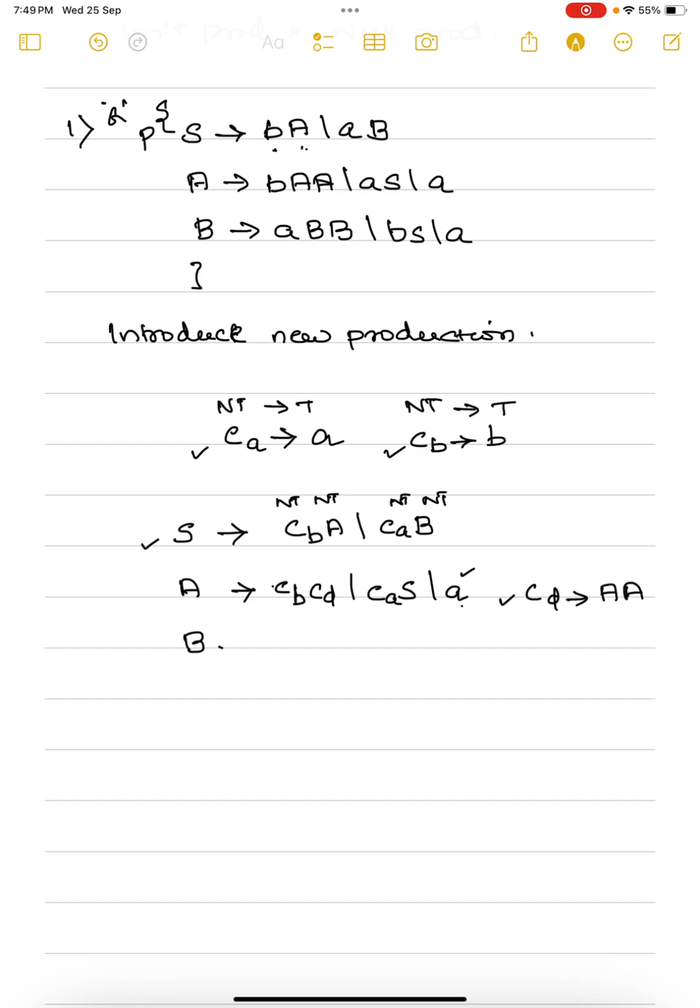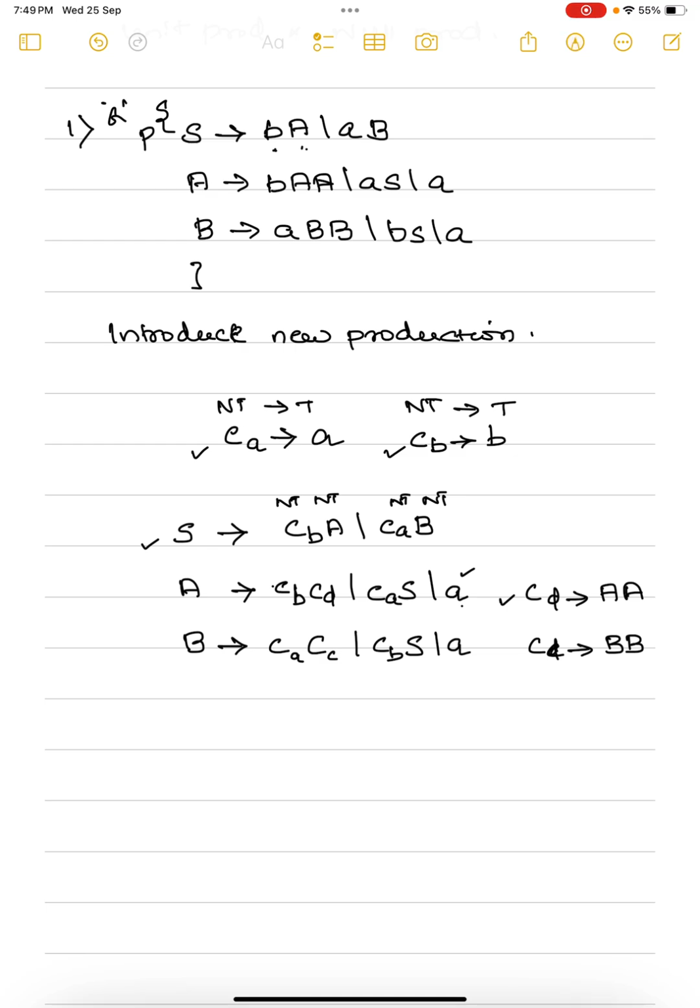Now again for B, here I'll be introducing a new production. Let it be C_C, where C_C is BB. So here I'll be using C_a C_C, C_b S, or b.